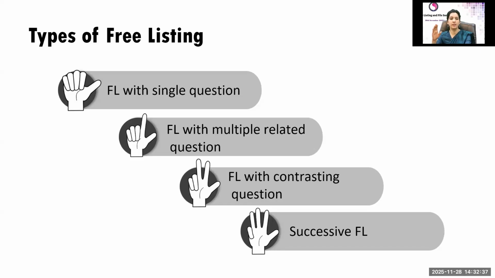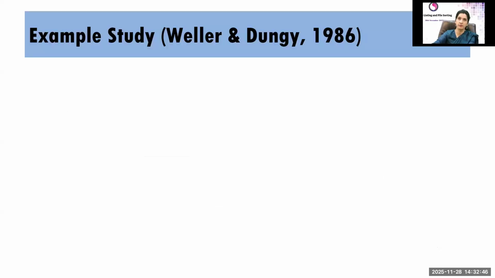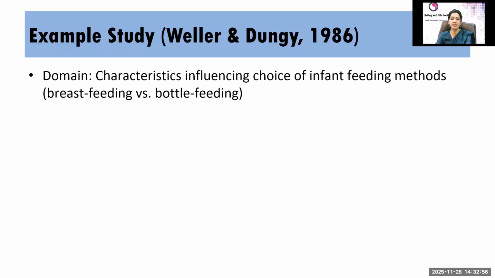For example, the single question we all know. But if I have to use multiple related questions, how will I do that? Weller, who has done a lot of work in cultural domain analysis, did a study in 1986.